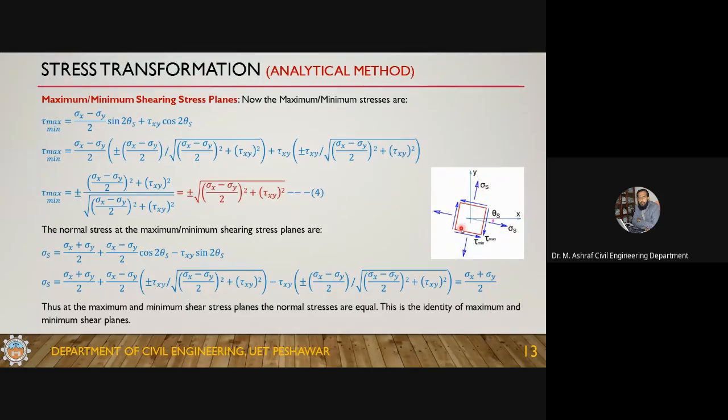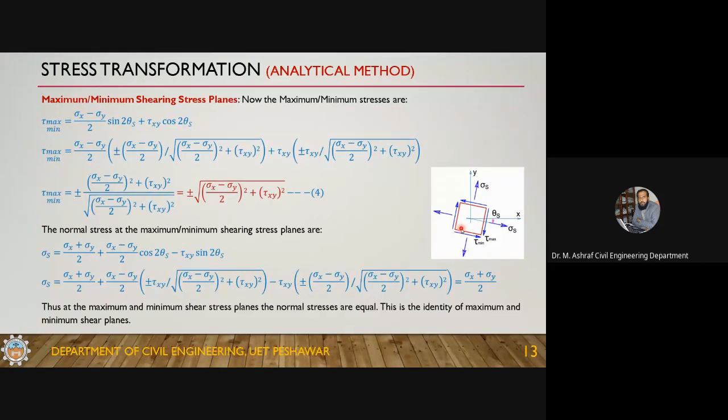Once again, the identity of the maximum shear stress plane: if you see a state of stress where the normal components on both the x and y planes (x′, y′) are the same, then you can say that this is the maximum shear plane. जो stress होगा वही maximum होगा.